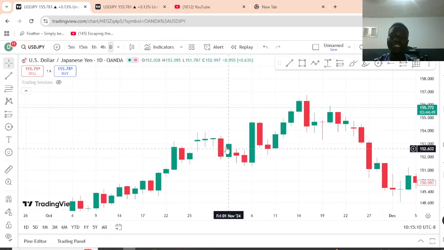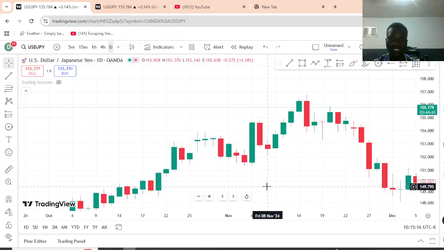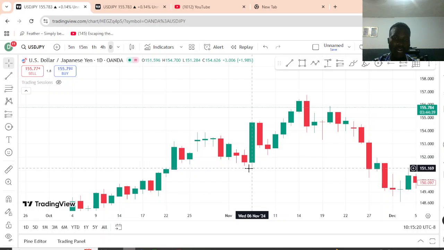The sellers were coming all the way down here, trying to sell the market downward. But at a point in time, the buyers took over.